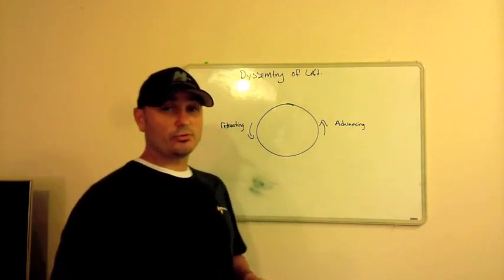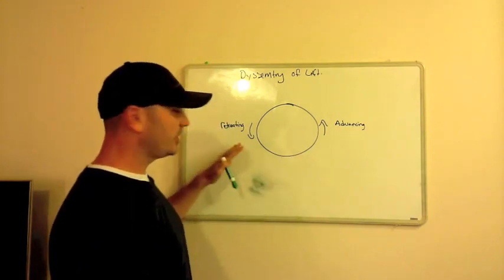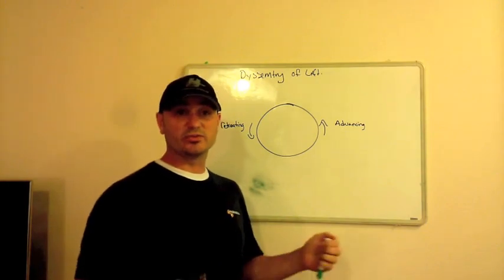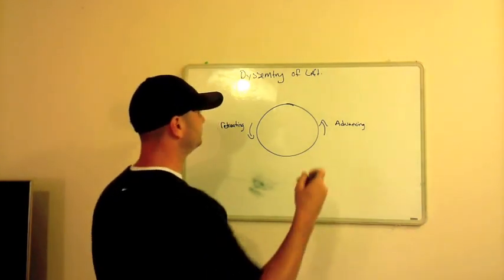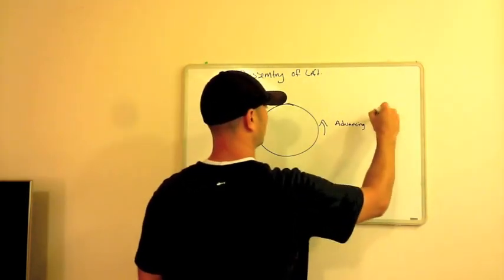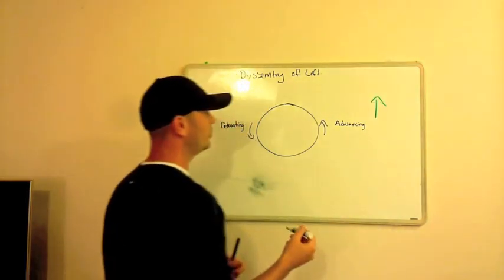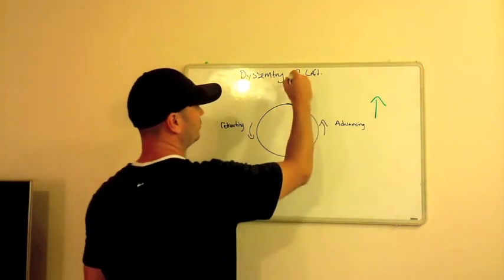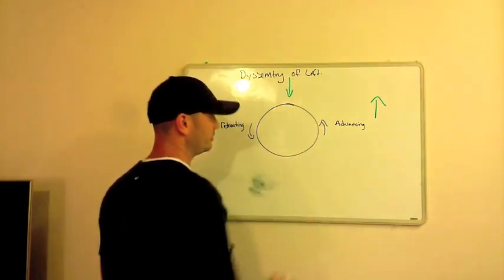Now, the airflow through the advancing side is different than the airflow through the retreating side because of the relative wind of our forward movement of flight. So this is our forward movement of flight, and the relative wind that we are feeling from our forward movement of flight is actually going this way.